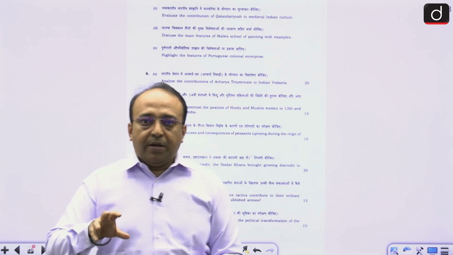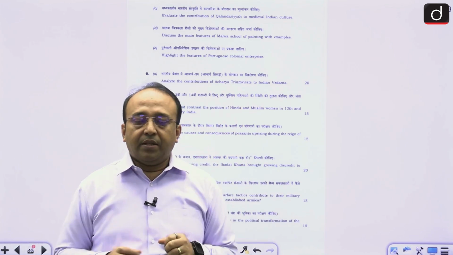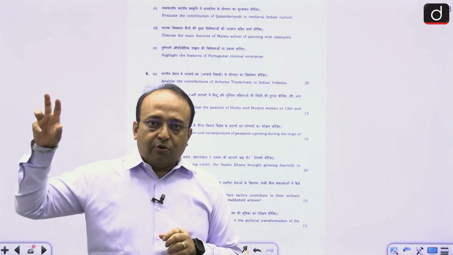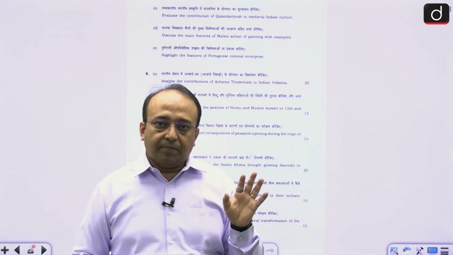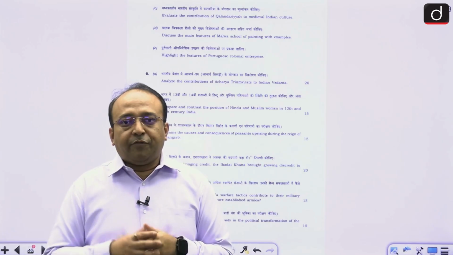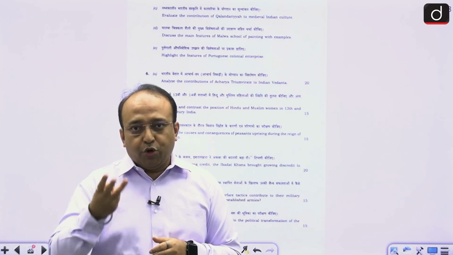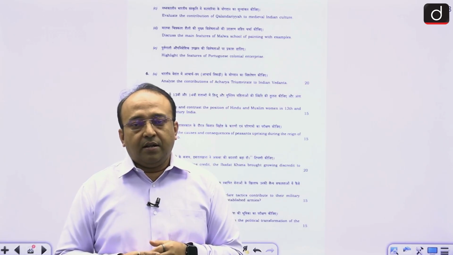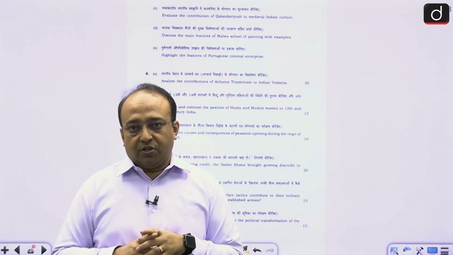Meaning in a single paper they have made 2 sections, section A, section B. Section A's question number 1 is compulsory, and B's number 1 is also compulsory. In that way, number 1 and 5 are compulsory. And then afterwards, you have to write 3 more questions. Fine. And there you have to select at least 1 from any of these 2 sections.